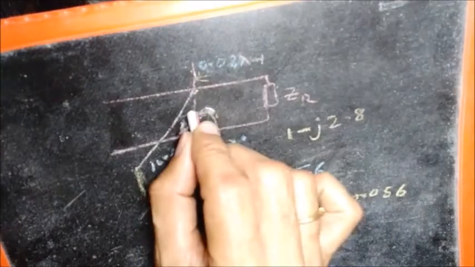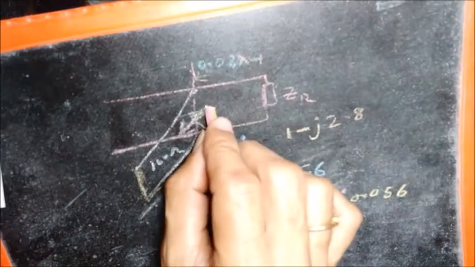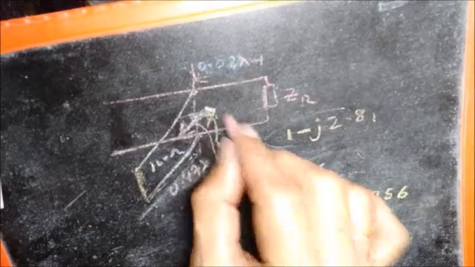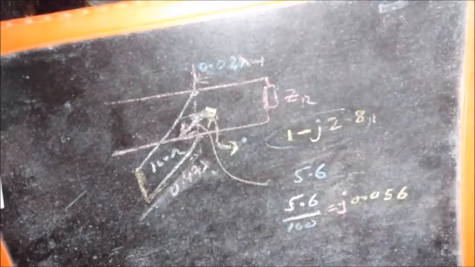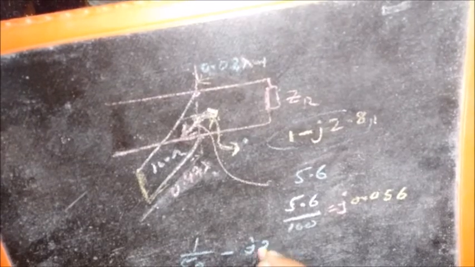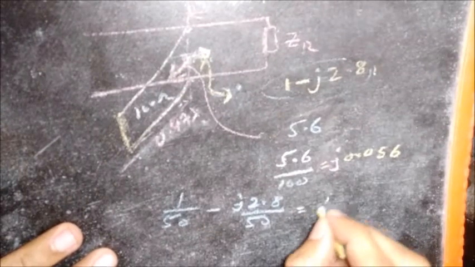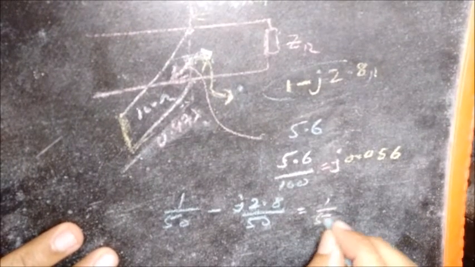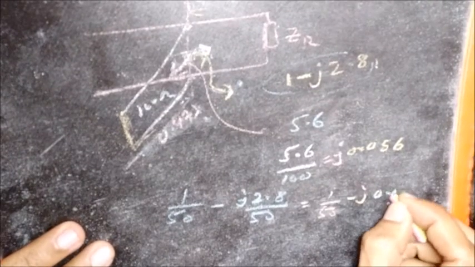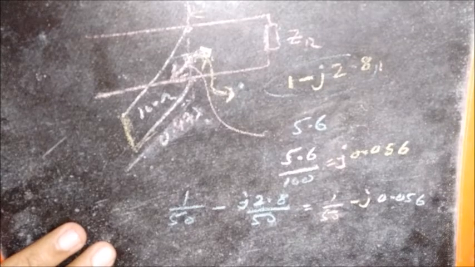And what will be the actual admittance here? This is the result which we got, normalized with respect to R naught, which is 50 ohms. So the actual admittance here will be 1 by 50 minus j2.8 by 50, and that will be 1 by 50 minus j0.056.